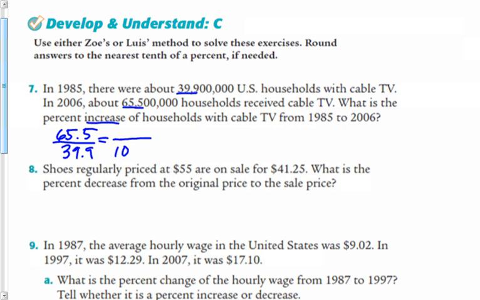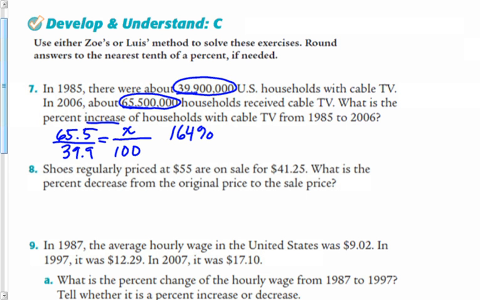Then if I change that to a percent, I'm rounding when I do the cross multiplication and divide, and I get about 164%. What I'm saying here is that this number is 164% of this number.